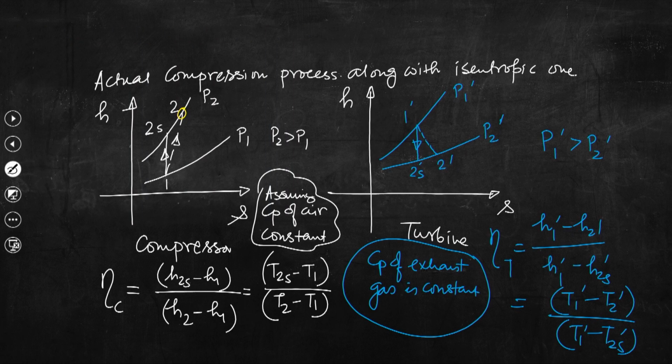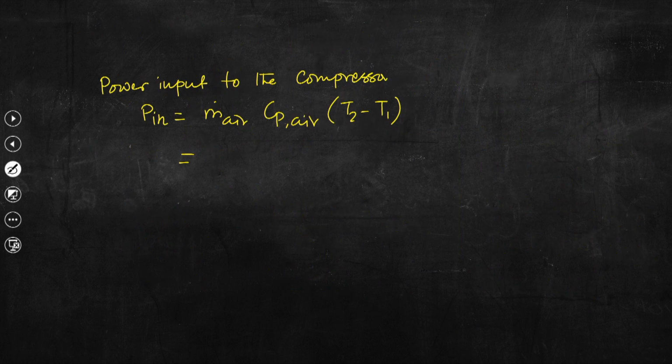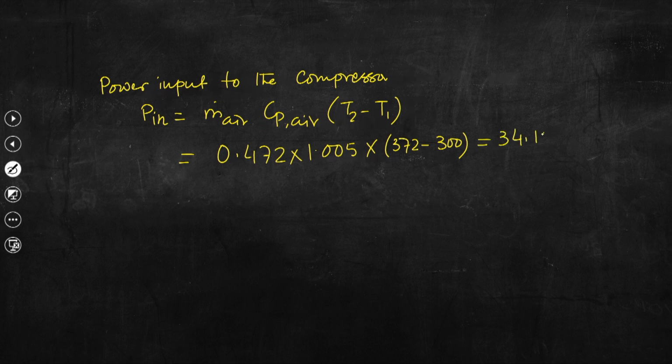So, 0.472, Cp air is taken as 1.005 kilojoule per kg Kelvin, into 372 that we have calculated, minus T1, which is 300, and it is coming as 34.15 kilowatt. So, this is the answer to the first part of the question.